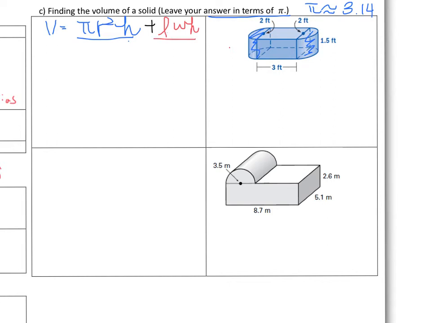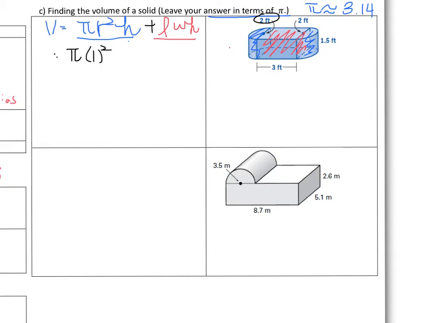So this part will be the volume of the rectangular prism. And r here is 1, because 2 is the diameter, so half of 2 is 1.